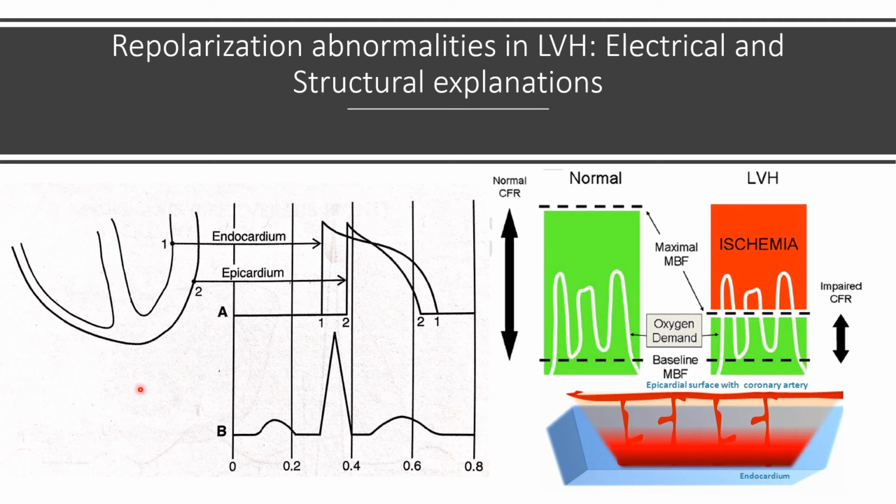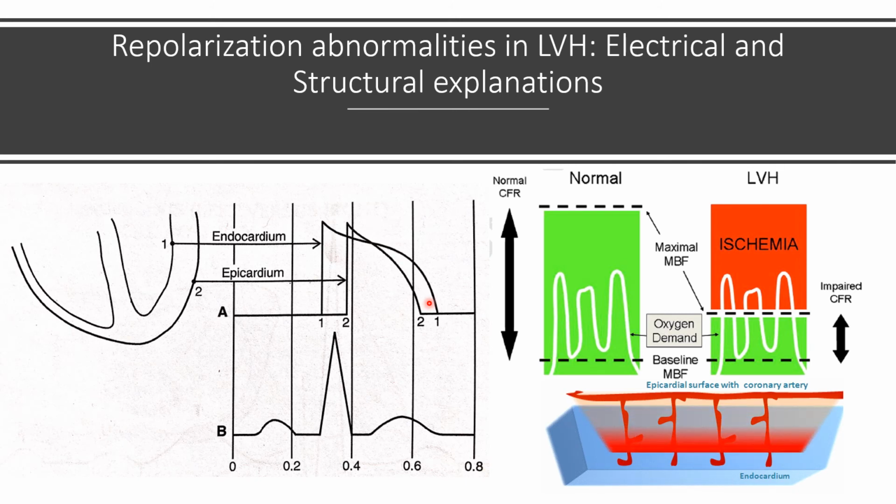The electrical explanation: when you have depolarization, your endocardial action potentials are much wider than the epicardial action potentials, and so even though the endocardium starts to depolarize first, the epicardial myocardial cells actually start to repolarize first, and therefore the repolarization, as I told you before, goes from the epicardium towards the endocardium.